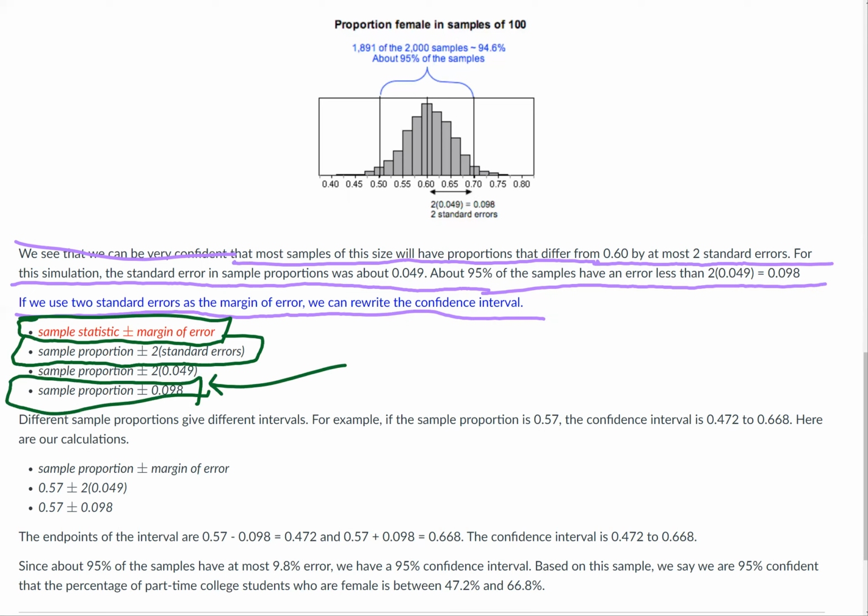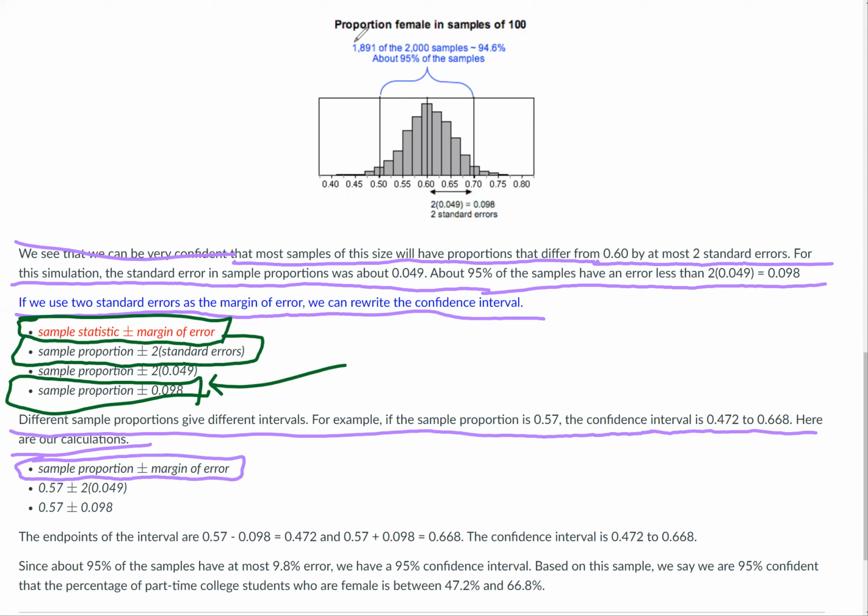Different sample proportions give us different intervals. For example, if the sample proportion is 0.57, the confidence interval is 0.472 all the way to 0.668. Here are our calculations. As we said above, we take the sample proportion and add or subtract the margin of error. The sample proportion that was just suggested was 0.57, so we put that where the sample proportion goes in this formula, plus or minus 2 times 0.049, which we said above was 0.098.